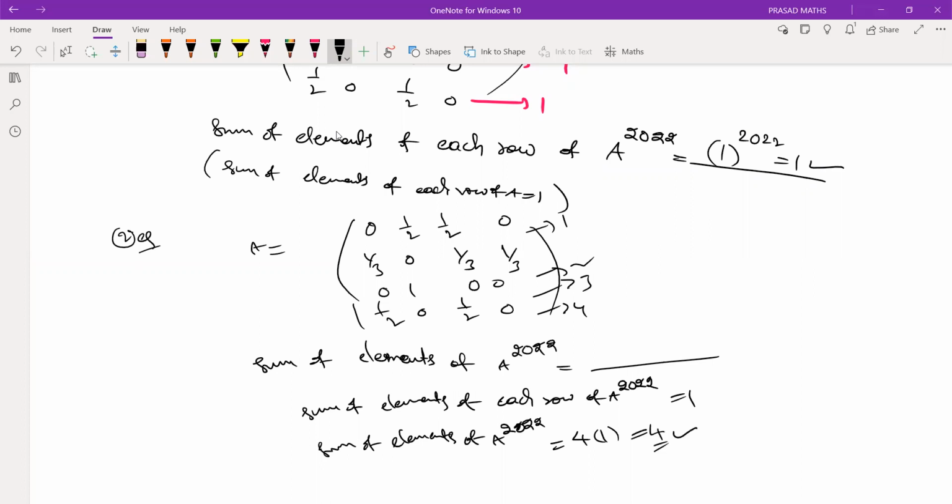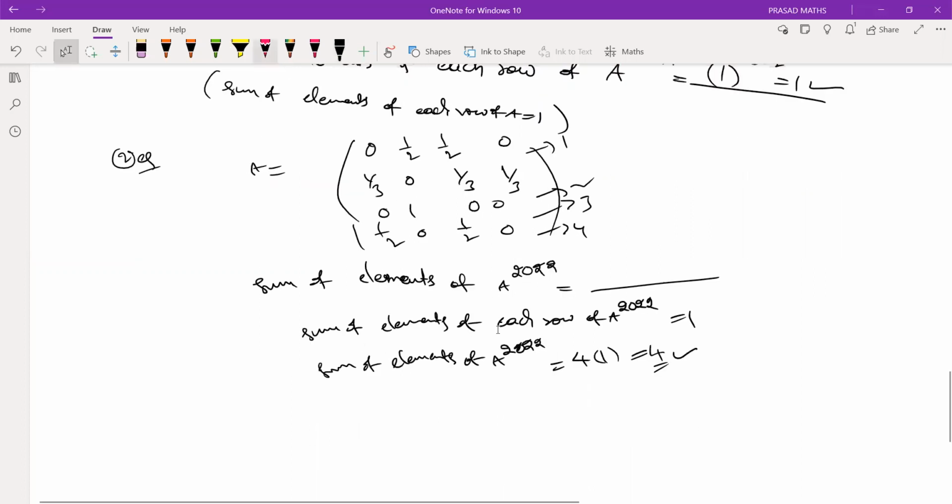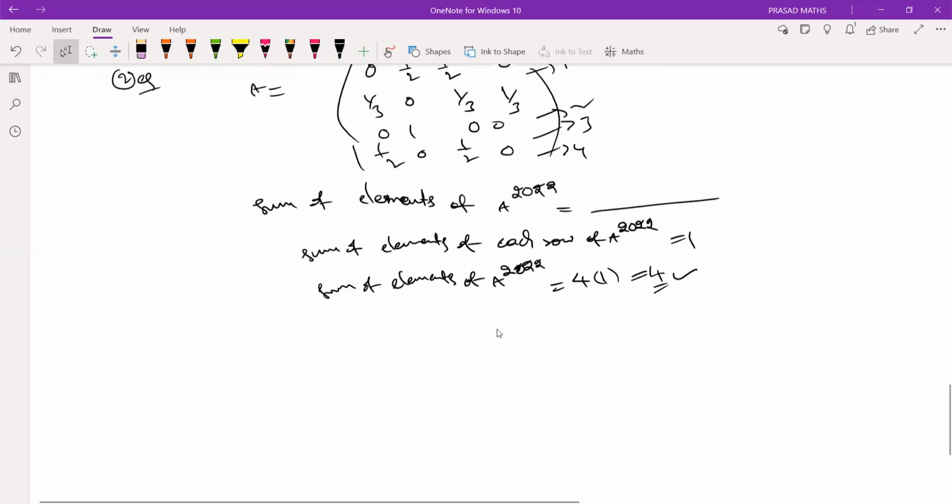Right? So in general, you need to write it.